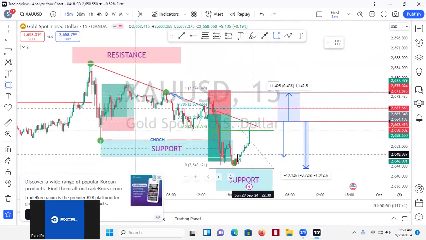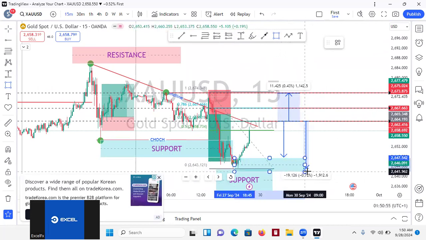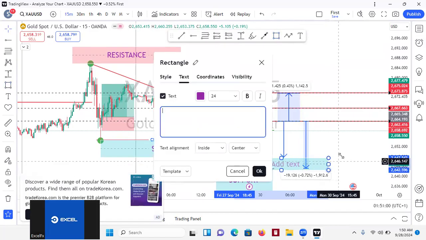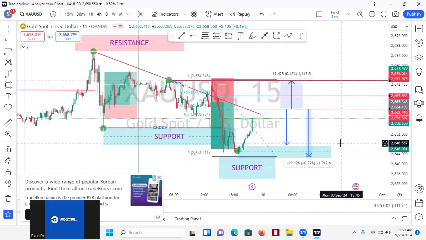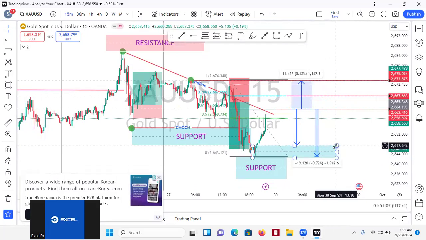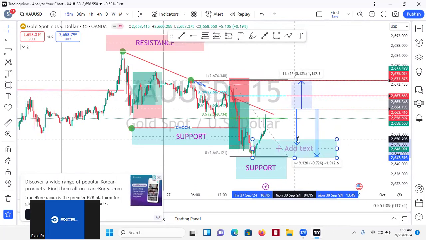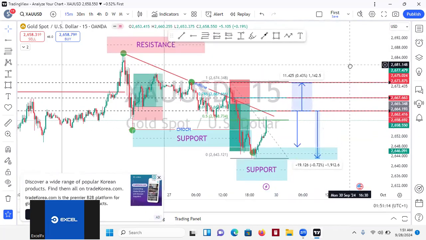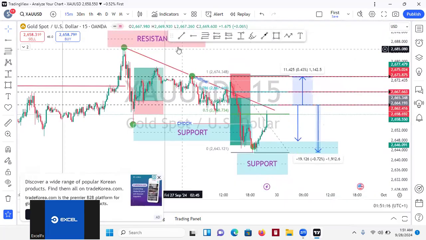So this can be my demand zone or order block. You can call it according to your strategy. You can say this is an order block or a demand zone. Your demand zone is the last bearish candle in the bullish move, your demand zone or your order block.